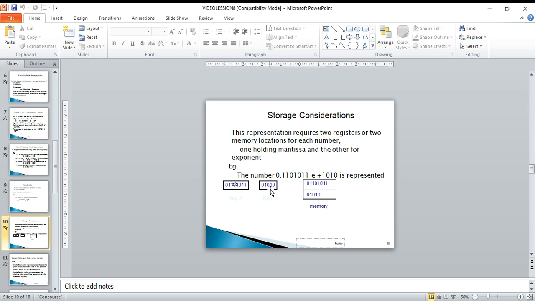Along with the sign bit we can store this exponent value, and along with the sign bit of the mantissa we can store this value in one register. So one register is used for holding the mantissa value, and the other register is used for holding the exponent value. Both can be placed in the memory like this.